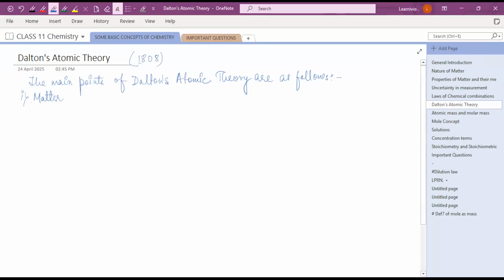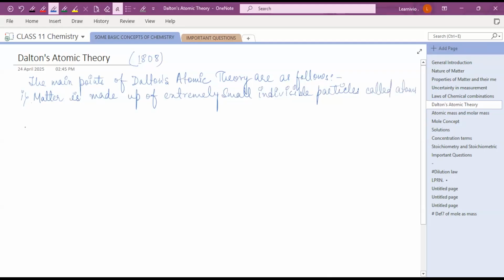So the first point: he said that matter is made up of extremely small indivisible particles, which are known as atoms.